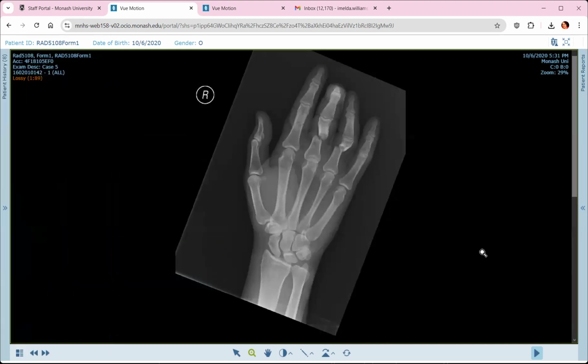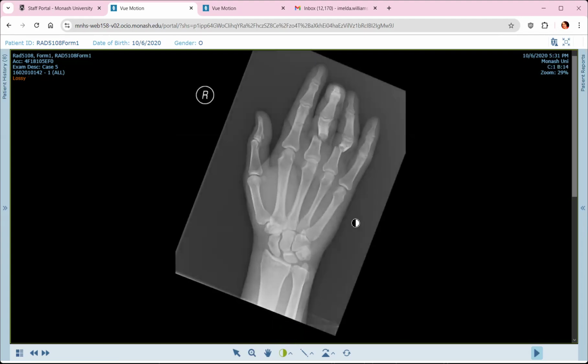So case 5 was a workplace injury with a chainsaw. I think I'll just try and make it slightly lighter. Okay, and let's just zoom in.